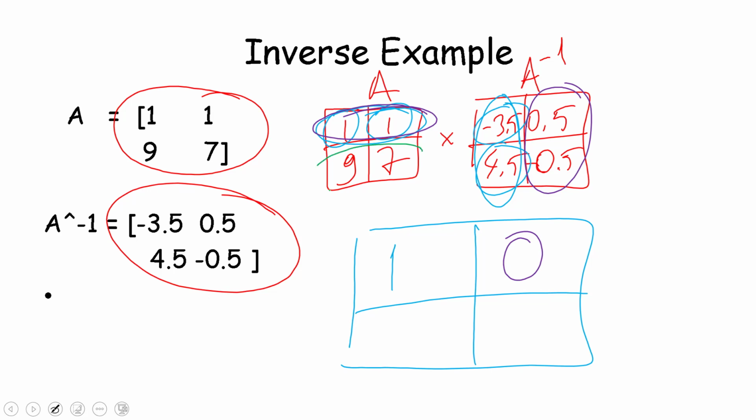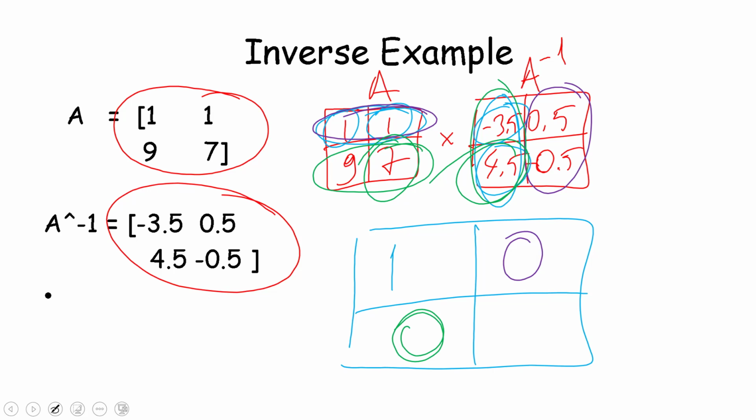The next element is calculated by taking the second row of the first matrix multiplied with the first column of the second matrix. 9 times minus 3.5 is minus 31.5, and 7 times 4.5 is plus 31.5, giving us a total of 0.